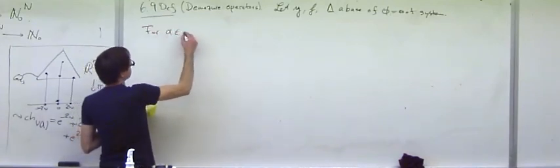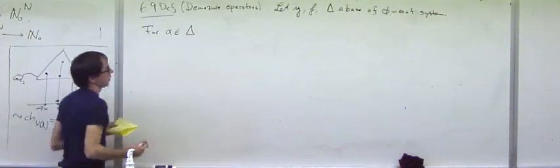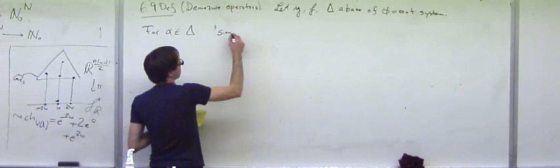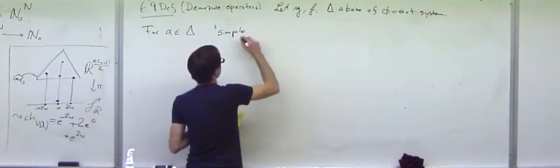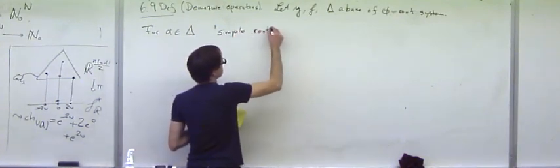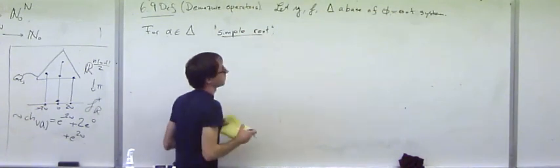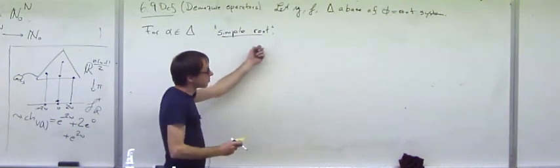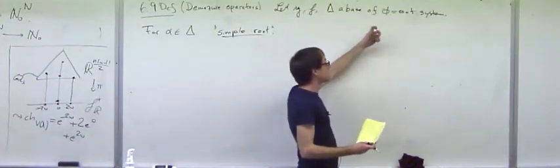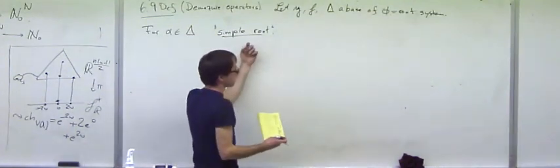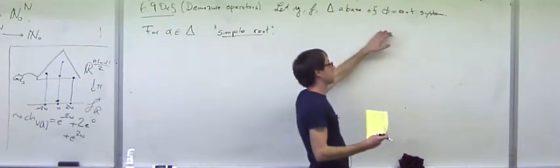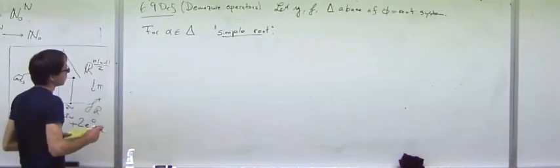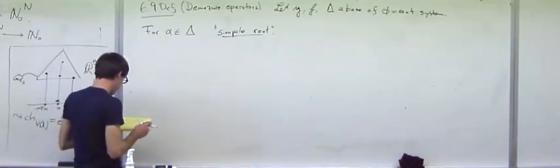So if alpha is any of these elements of the base, which are, I don't remember if I introduced this name, they're called simple roots. So once you have fixed the base for a discussion, then the elements of the base are called simple roots, and the others are then the composite roots, which you get as a linear combination of the simple roots.